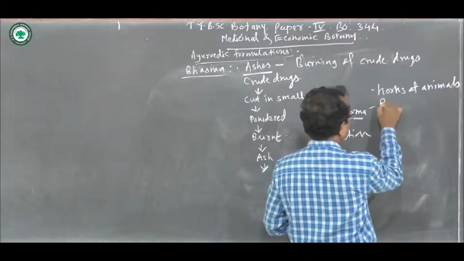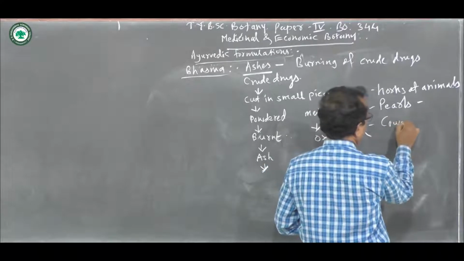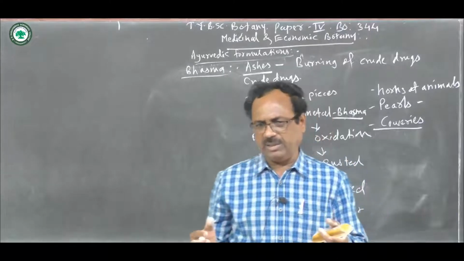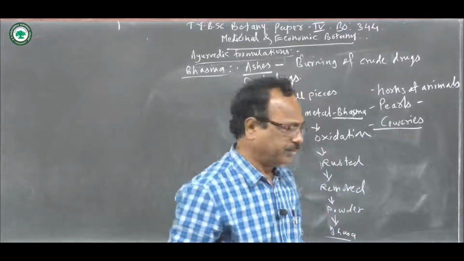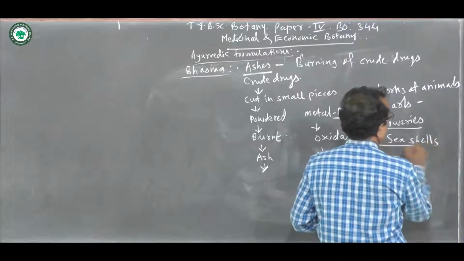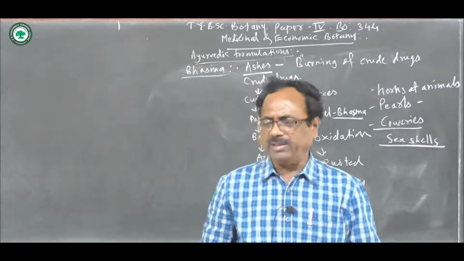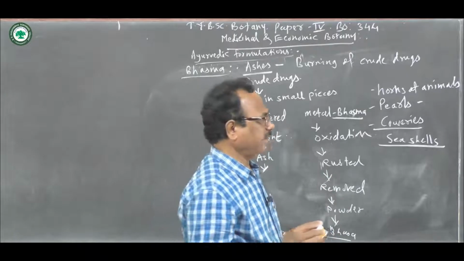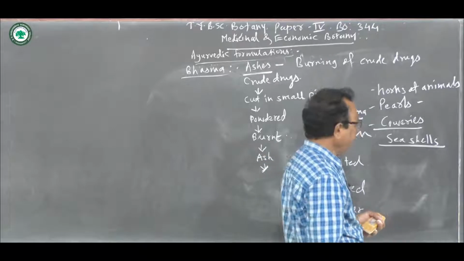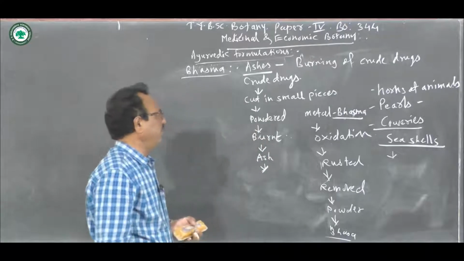It is also prepared from pearls, and sometimes from cowries. These cowries are nothing but sea animal shells. So the shells of the animals are taken, powder is prepared, sometimes they are burned into ash, and then it is applied to wounds or to cure different types of diseases.